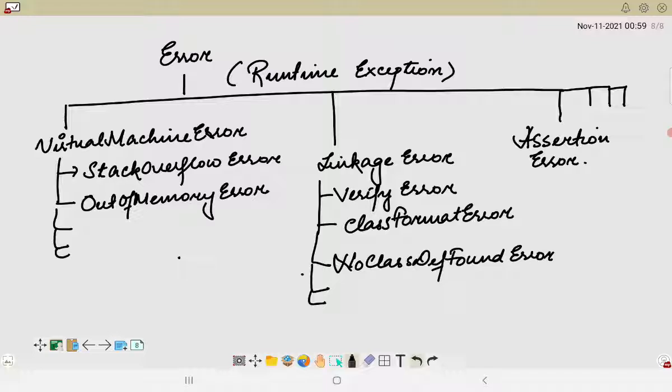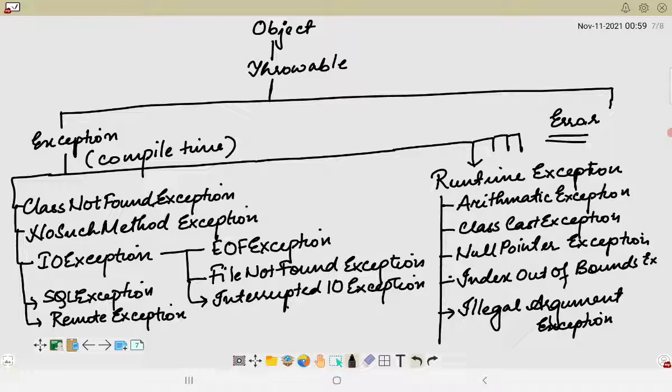On the other hand, we saw unchecked exceptions. What was the unchecked exception? Unchecked exceptions happen at runtime. So all the runtime exceptions are considered unchecked exceptions, whereas the compile time exceptions I'm talking about are basically the checked exceptions.